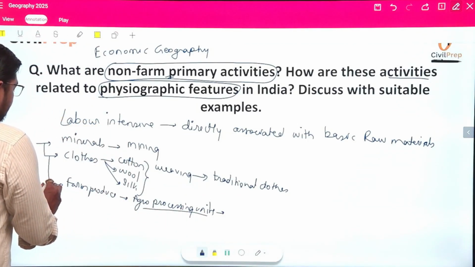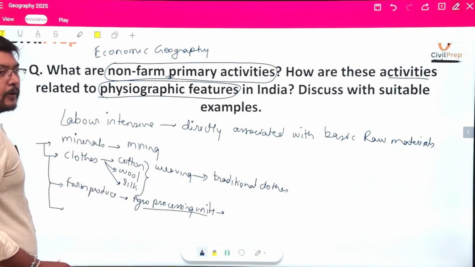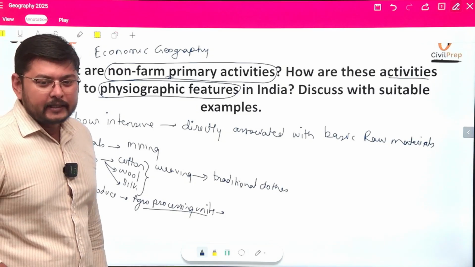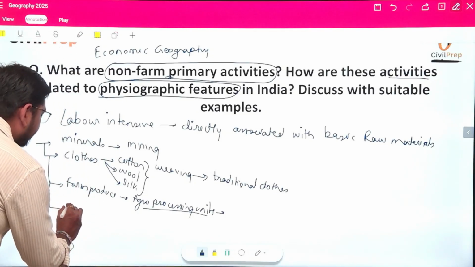Okay, इसके अलावा मैं कुछ और चीज देखना चाहूँ तो I have allied activities, for example animal husbandry.